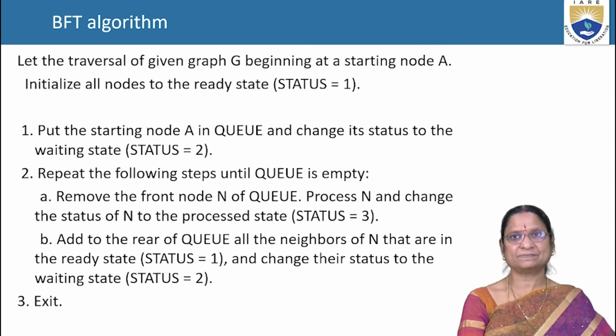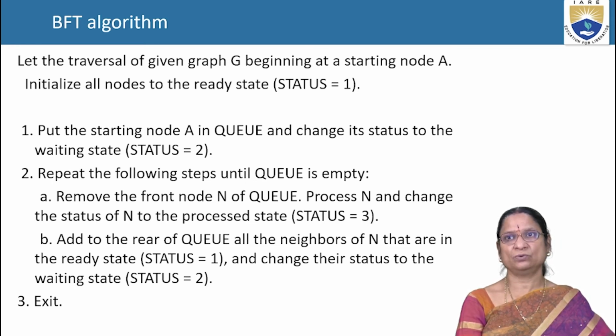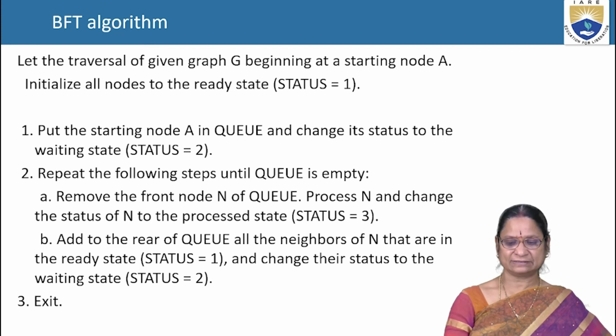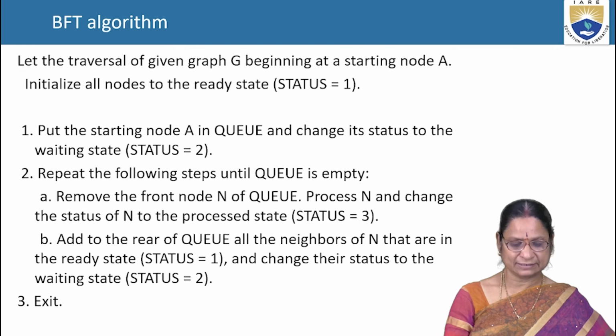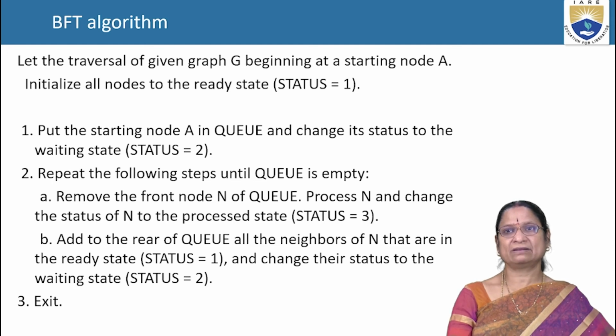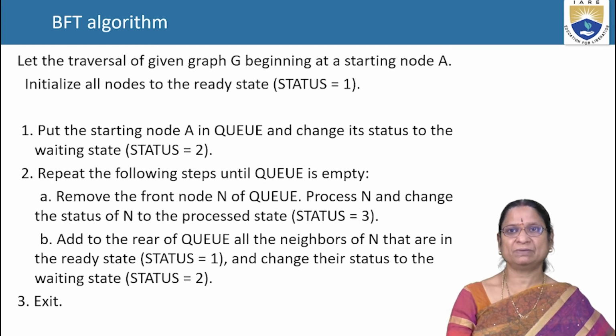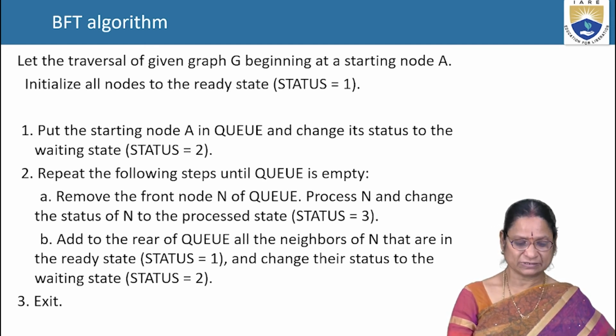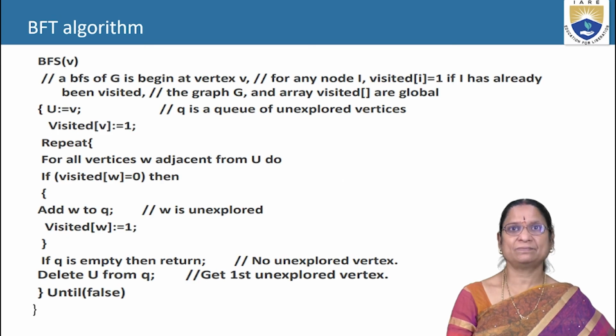Repeat the following steps until the queue is empty. Remove the front element, vertex n, from the queue, process n, and change the status of n to 3. Add to the queue all neighbors of n that are in the ready status. When they are inserted into the queue, the status becomes 2. This process is continued until the queue is empty.